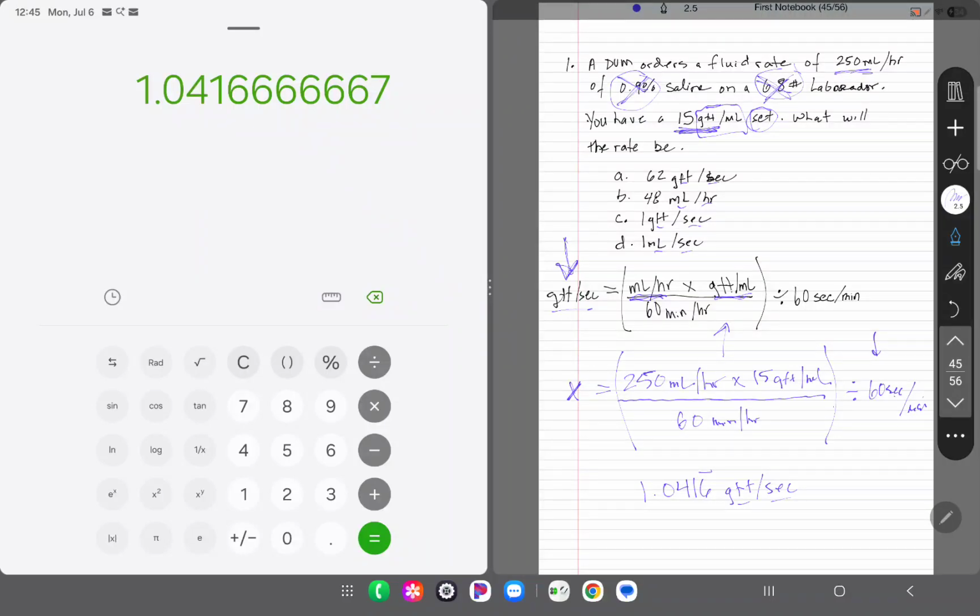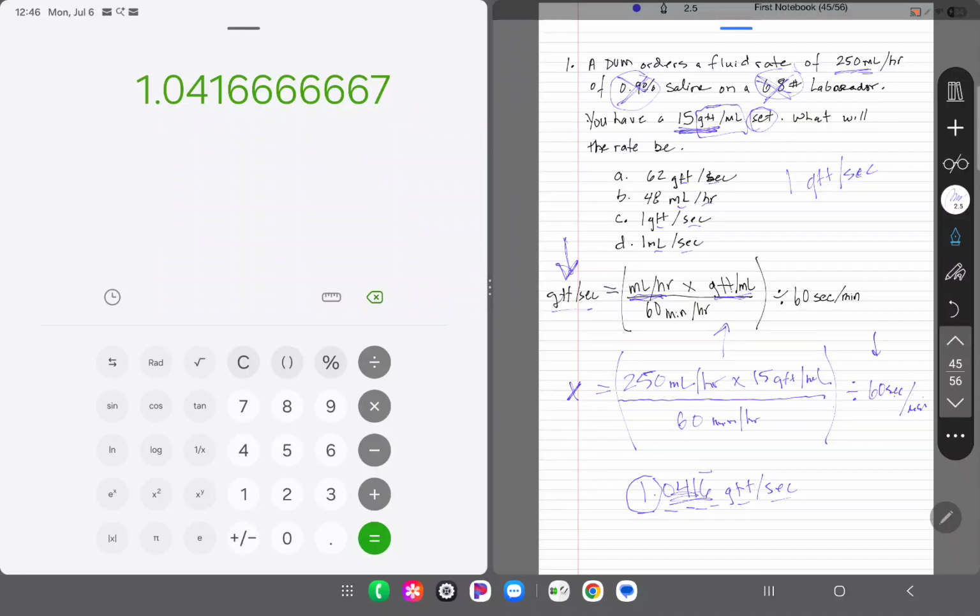You're also going to be smart enough to go, well, 1.041, that's a ridiculous number. Nobody can count 1.0416 drips per second. What makes lots more sense is just rounding this to 1 drip per second.